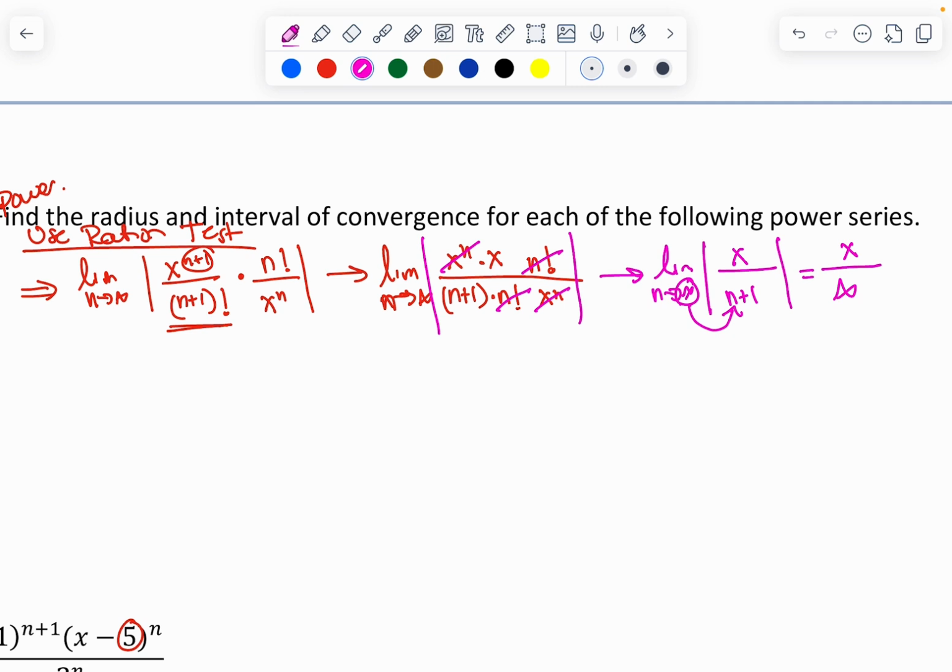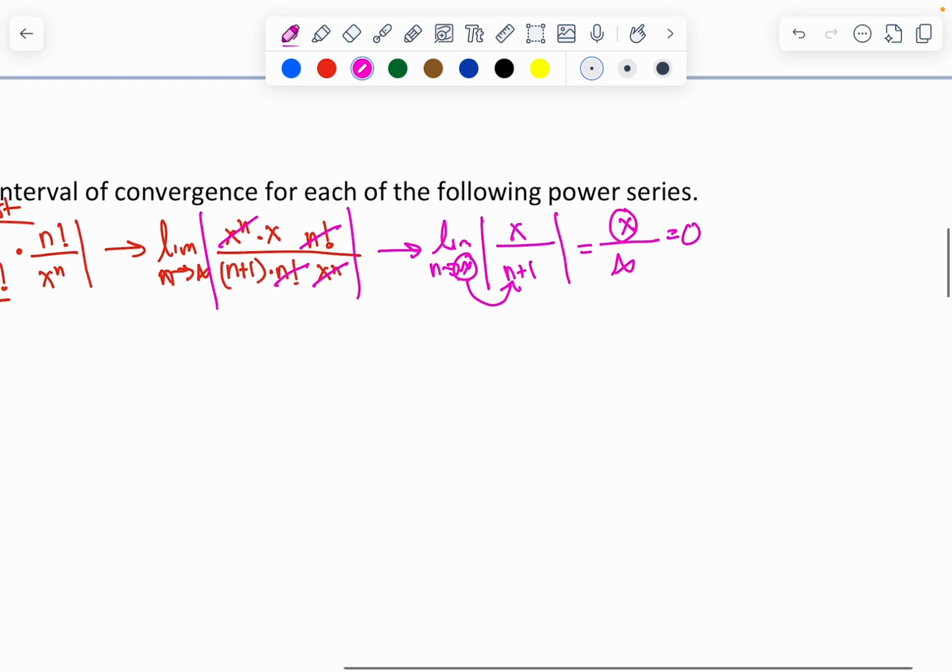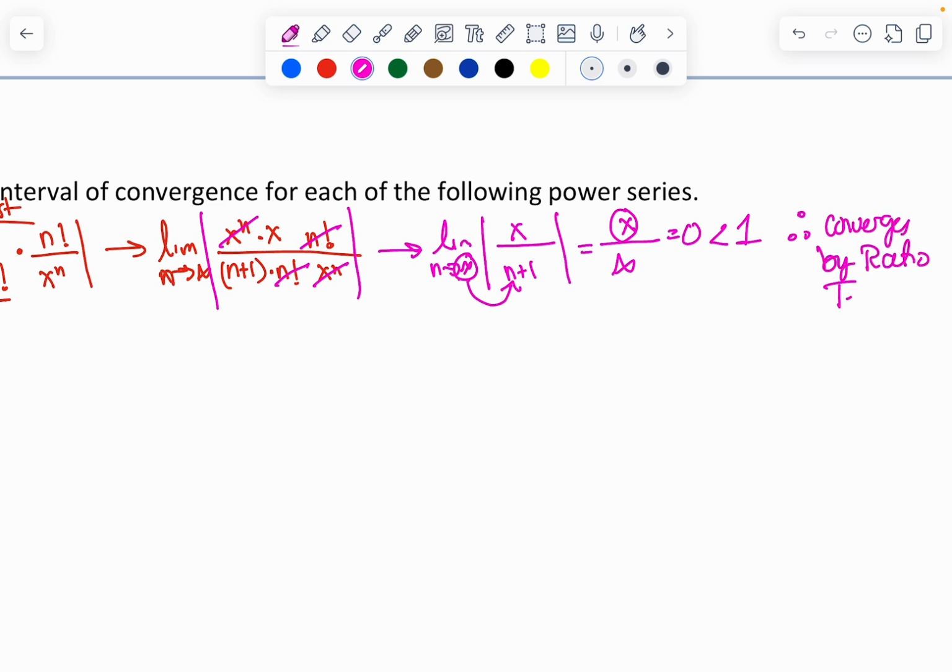And we know that anything I plug into this, because this is going to be a numerical value over infinity, will always equal 0. And 0 is less than 1. Therefore, this converges by the ratio test.